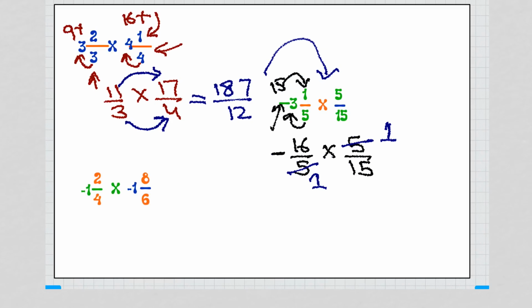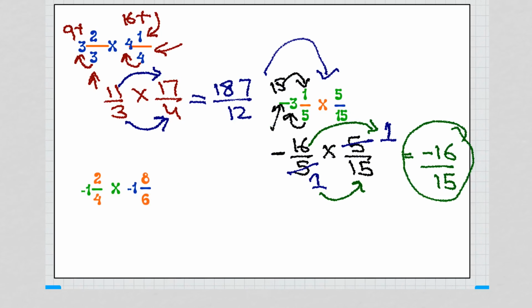So the second step would be we'll times minus 16 with 1 is minus 16, and 1 times 15 is 15, numerator with the numerator, denominator with the denominator. So minus 16 over 15 would be the product of these two fractions. Product means when you times it, whatever you get as an answer is called the product of those two fractions.